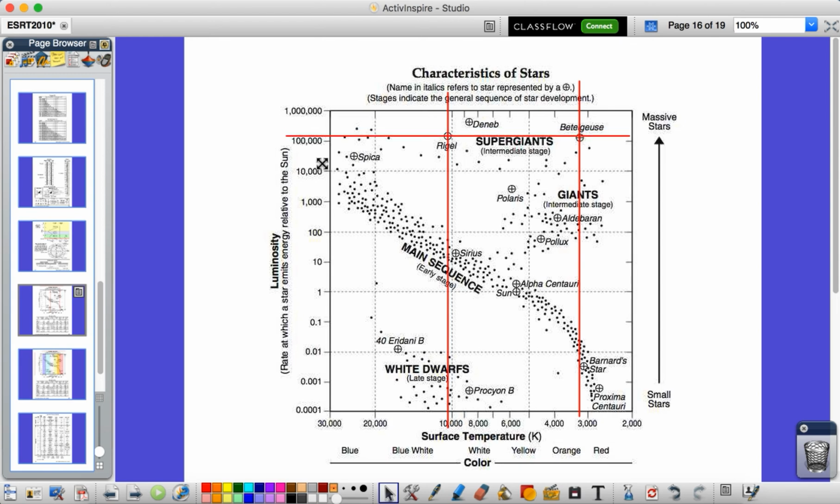They're both around 150,000 times brighter than our sun. So, which star is going to be bigger? Well, Rigel's extremely hot. Betelgeuse is rather cool. How in the world can Betelgeuse be just as bright as Rigel if it's only a third the temperature?